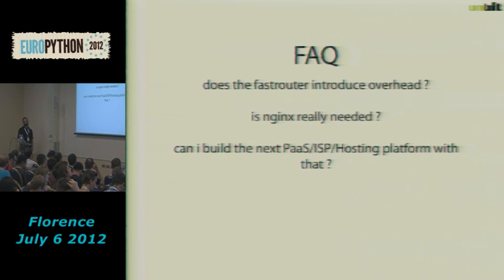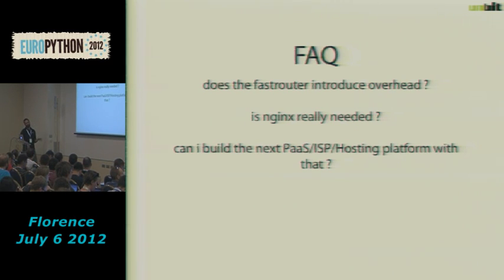Does the Fastrouter introduce overhead? Yes, a bit, but we are talking about microseconds. It's practically irrelevant. Another question: is nginx really needed? What I haven't told you is that Fastrouter has various versions.